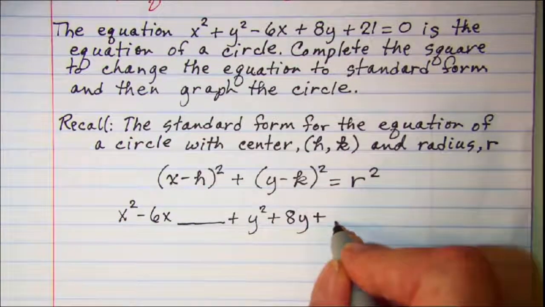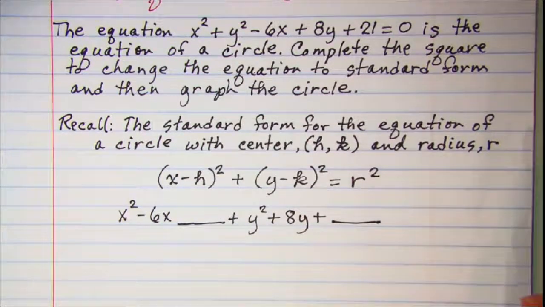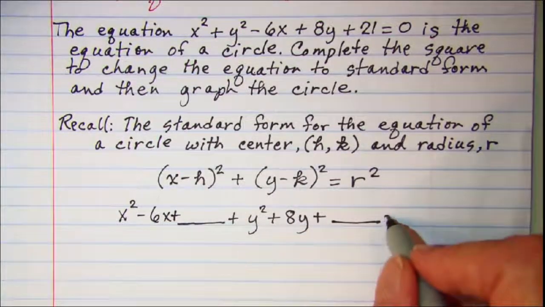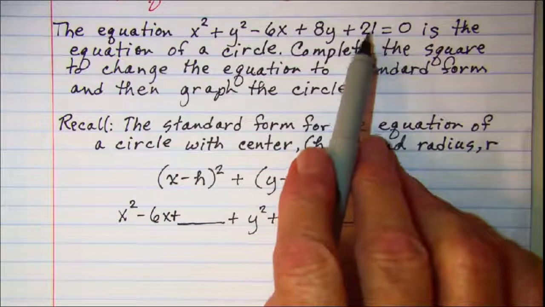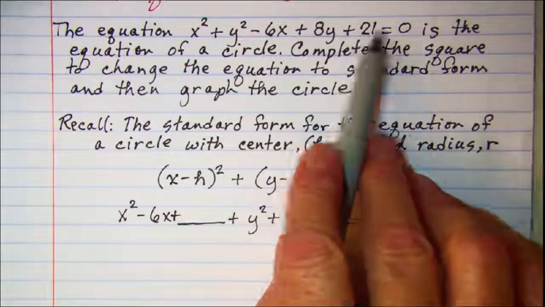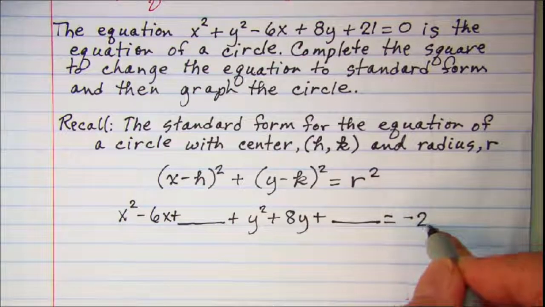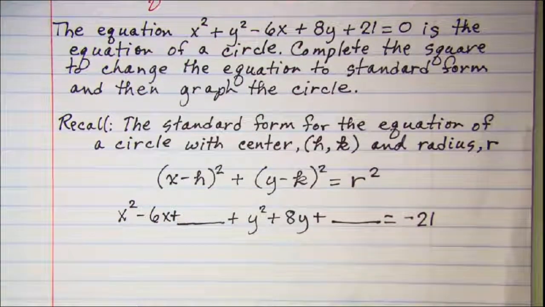And then we're going to put a space. We need a plus here also. And then equals, and then this 21, we'll subtract 21 from both sides and move it over to the right side. So it's negative 21 on the right.